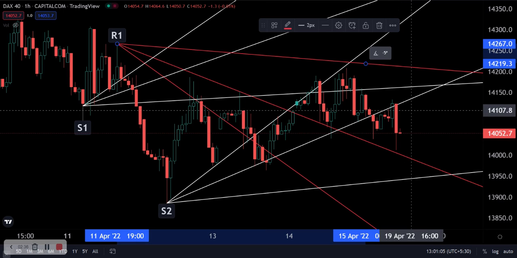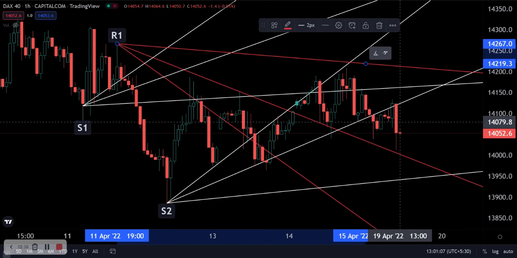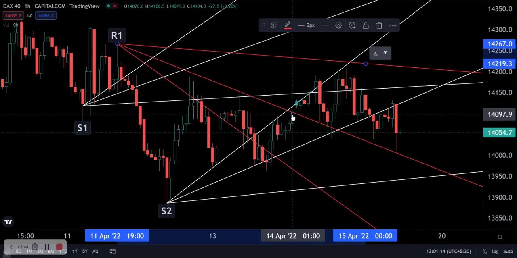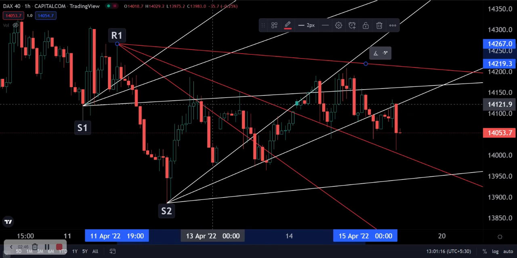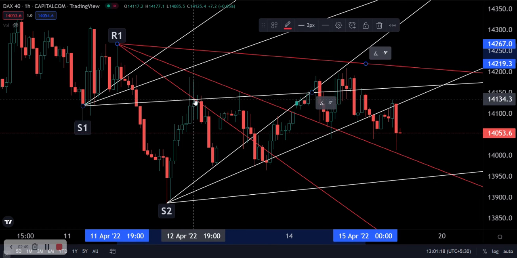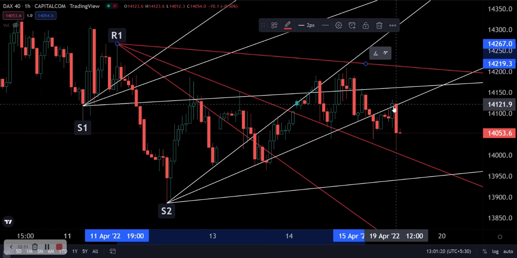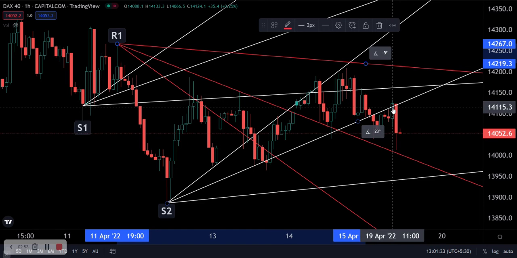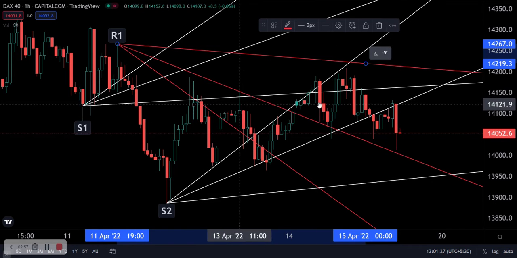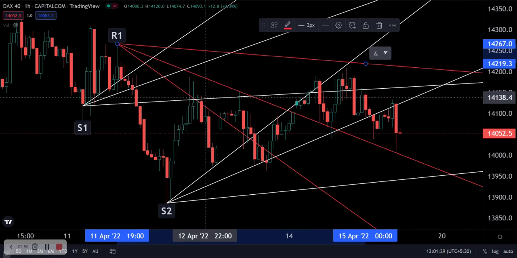Now, let's define our resistance levels in the event that DAX starts to go back up. Our first resistance is at 14,110, which is this intersection here, followed by 14,133. The previous hour we made a high of 14,133 exactly, and we rejected all the way down to 14,000.